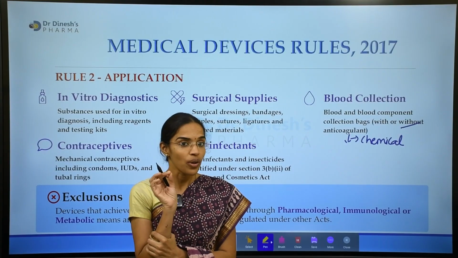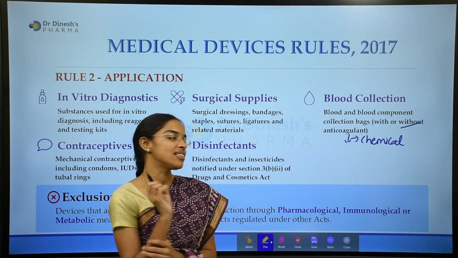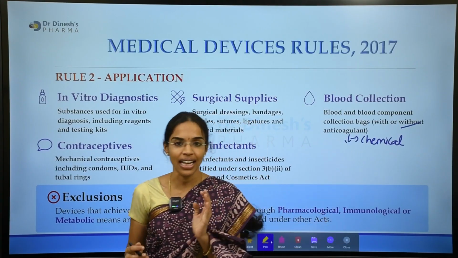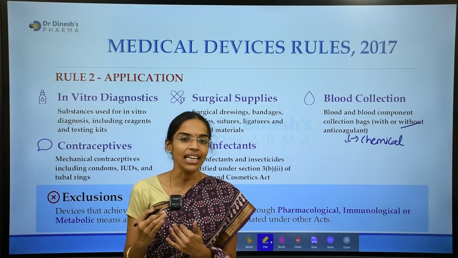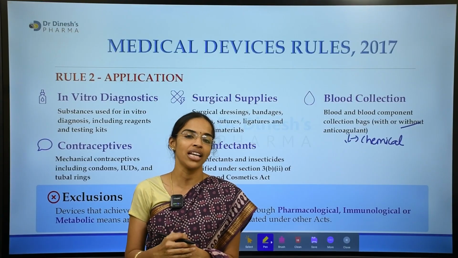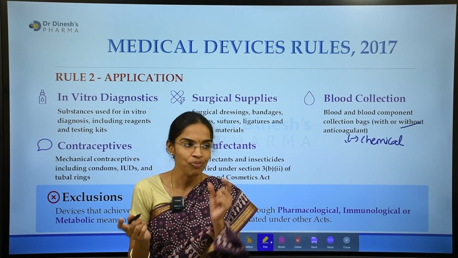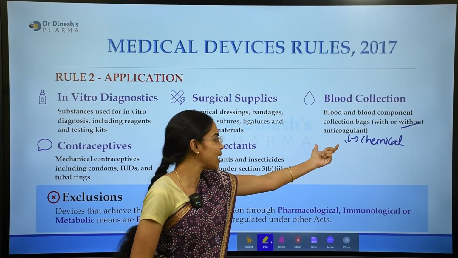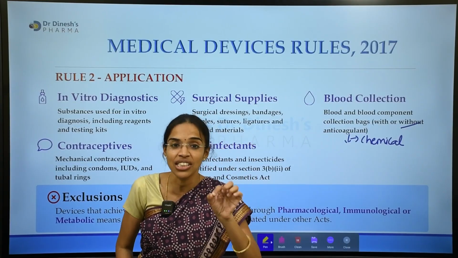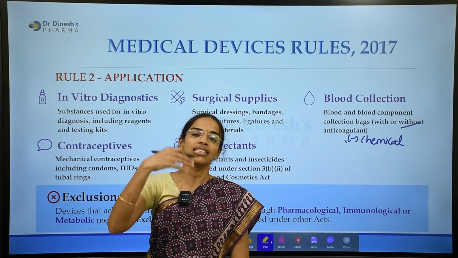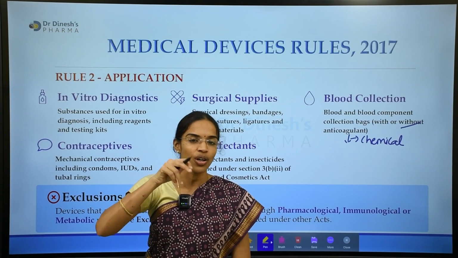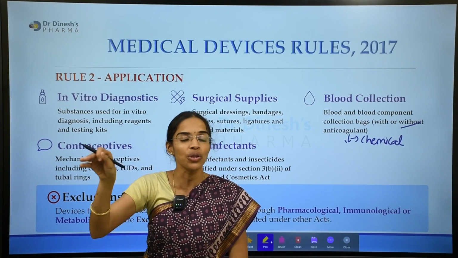Here we have to notice that this anticoagulant in the blood collection bag is present outside the body. We are not using it within the body. This particular chemical is present within the collection bag only; we are not giving it into the body.